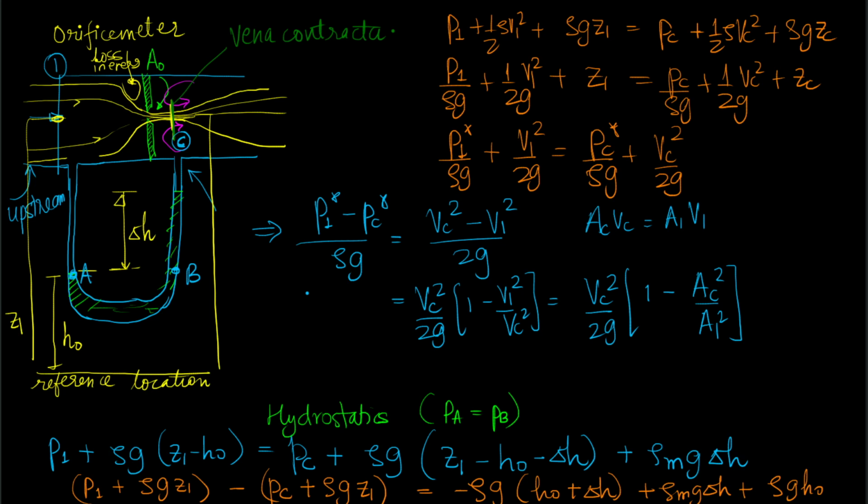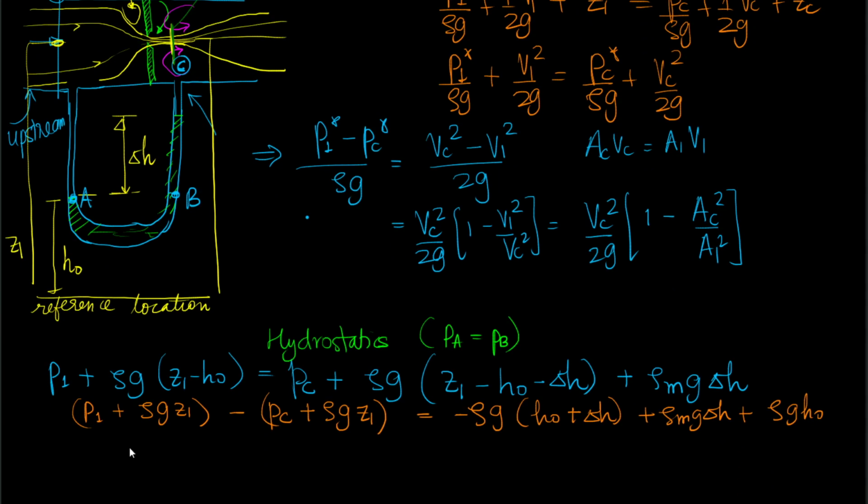So these two terms cancel. I have just rearranged all the terms in the above expression. So this is essentially P1 star, that is the piezometric pressure, minus PC star, and this is equal to minus rho g delta H plus rho M g delta H.